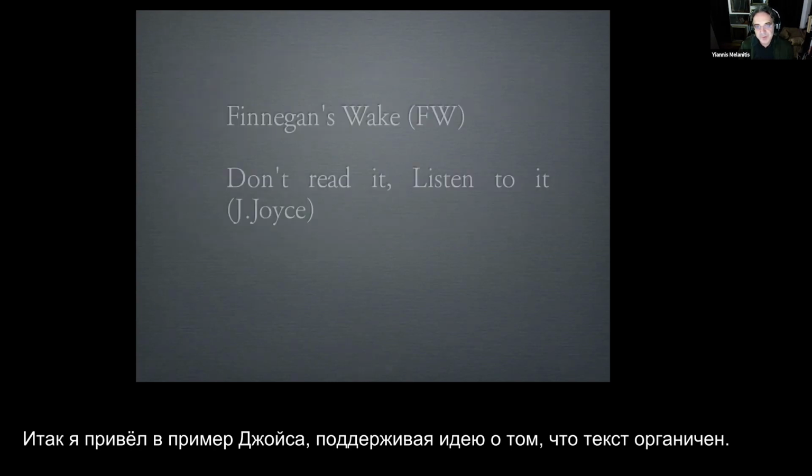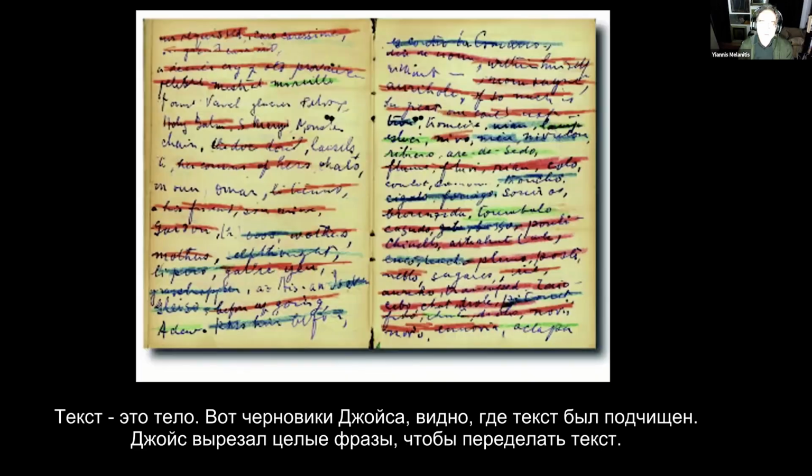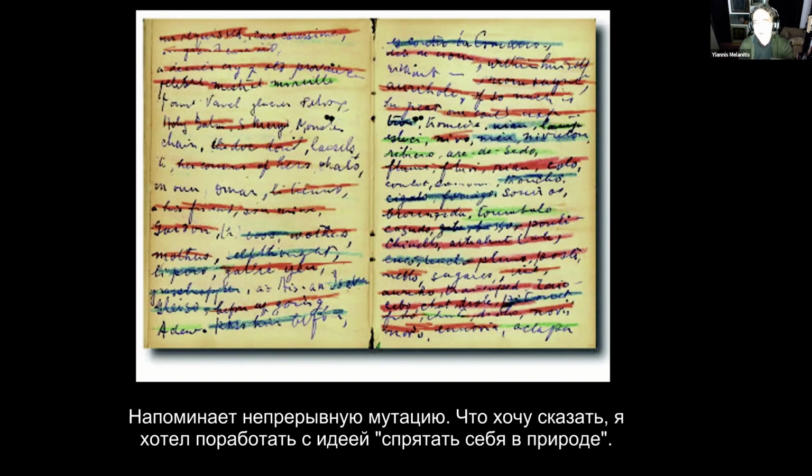So for Joyce, our reference here supports the idea that the text is organic, the text is a body. These are the writings of James Joyce. You can see the way Finnegans Wake was reworked. In Finnegans Wake, he removed whole phrases to remodel them. It's like a continuous mutation, actually.